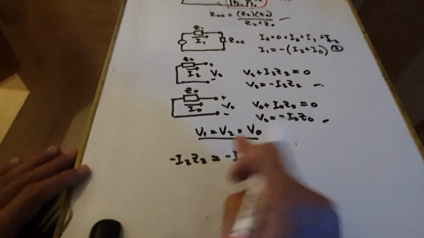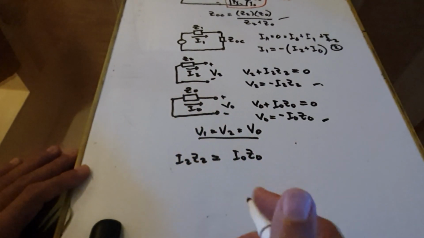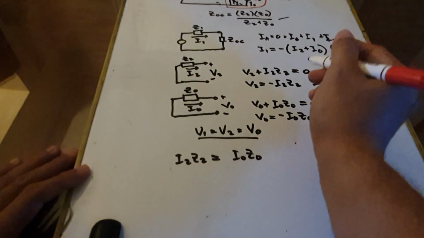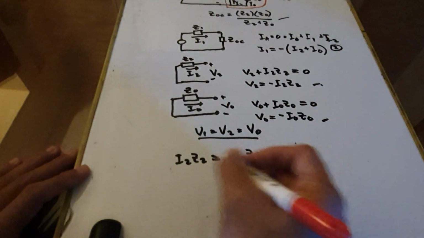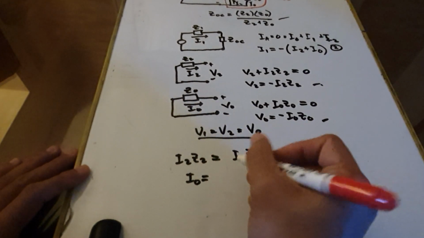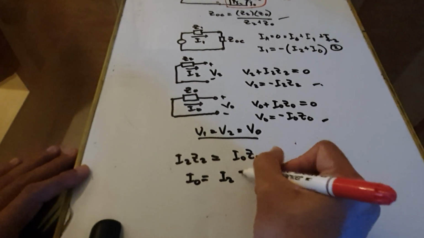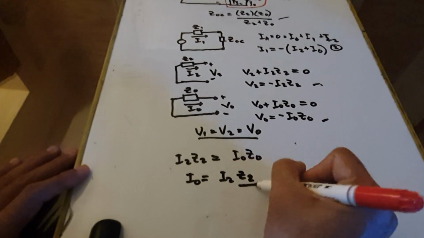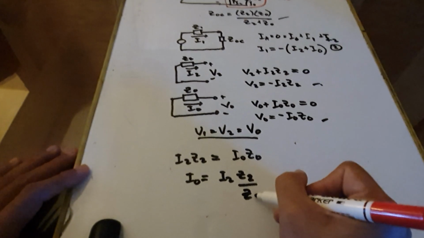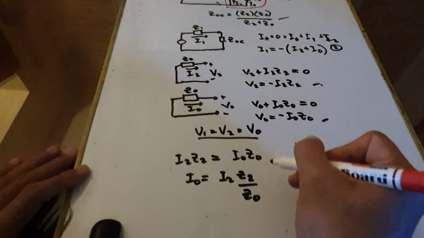Therefore this will become positive. So if we take the I0, it is equal to I2 Z2 over Z0, right?